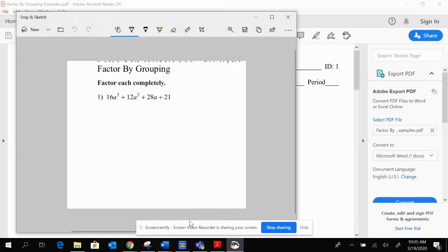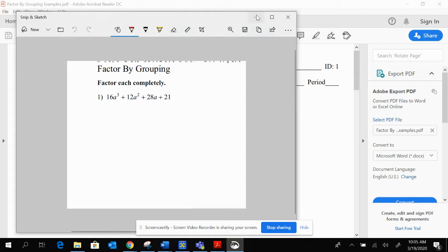All right, let's take a look at this. So, factor by grouping. Notice there are 4 terms. We can't factor as a trinomial because we have to have 3 terms. This one is 4 terms. It's not 2 terms. It's not 1 term. To factor by grouping, you always have to have 4 terms.